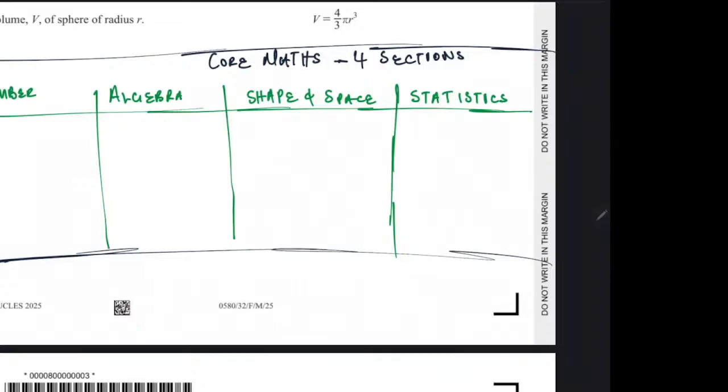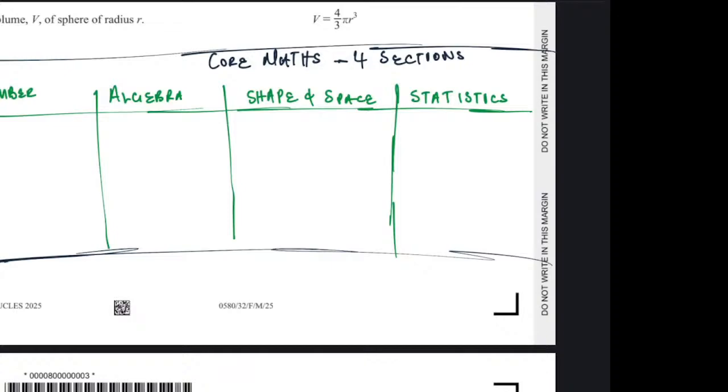Are you seeing? Are you see? Okay, Lefika, can you see the screen? Okay, great. So here's what I was saying.